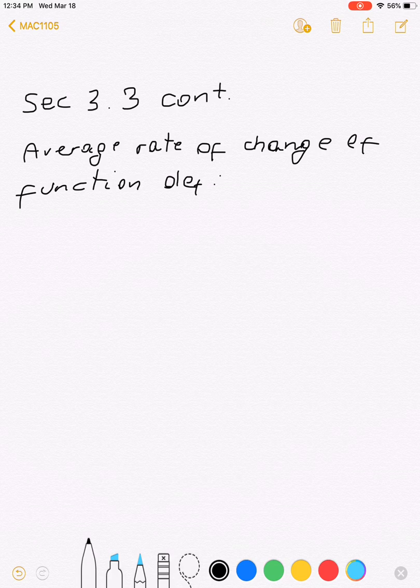So average rate of change of a function, this is the same as slope. The textbook used a little different formula. I'm just going to use the slope formula because this is what we know already, and I think that will be easier for you. So let me give you the formula.